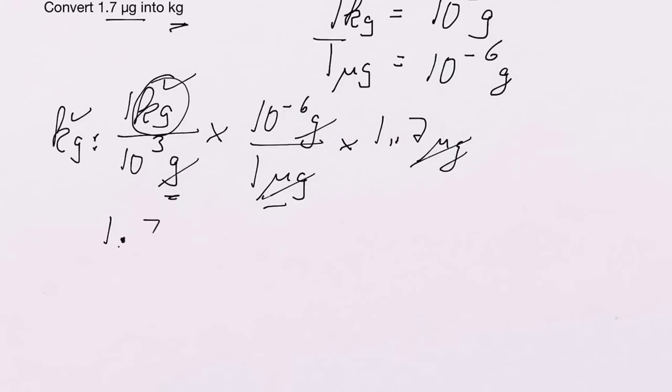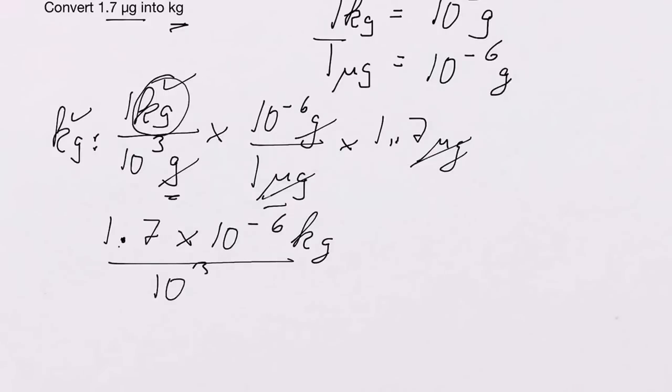So I can put that together, and I have 1.7 times 10 to the minus 6 kilograms divided by 10 to the 3. And I can bring this down here in the denominator, I can bring that up with the negative.